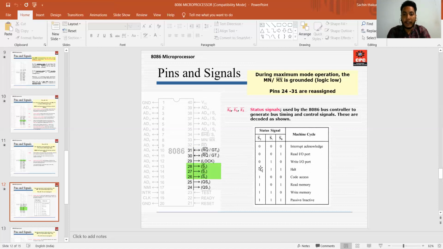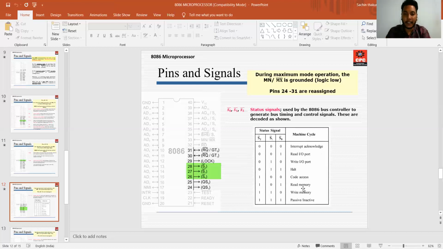If S2 is at logic 1 and S1 and S0 are both at logic 0, it means the machine cycle accesses the code. If S2 is at logic 1, S1 is at logic 0 and S0 is at logic 1, it means this machine cycle is read memory.